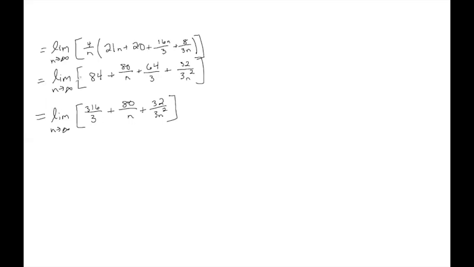I might have made a numerical mistake in here somewhere, but if so, it was just arithmetic. Then, feel free to email me and yell at me and tell me that I screwed up. So I get 316 over 3. This stays the same once I push n to infinity. This guy goes to 0, and so does this guy. So I'm left with 316 over 3. And that concludes the longest lecture of all time.